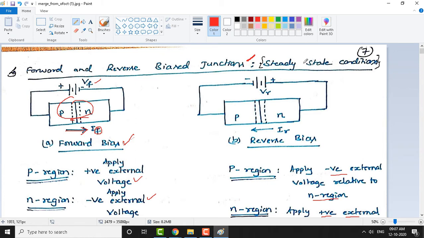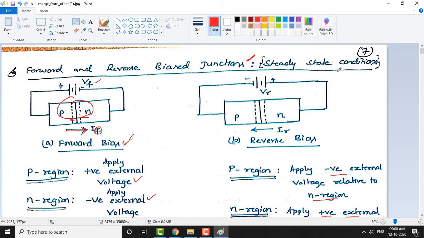What do we mean by steady state condition? Somebody is answering. Maybe, sir, equilibrium. Ah, equilibrium conditions, exactly.